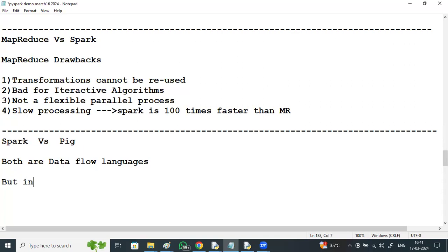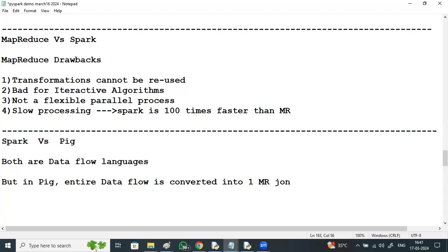But in Pig, the entire data flow is converted into one MR job, one MapReduce job, right?